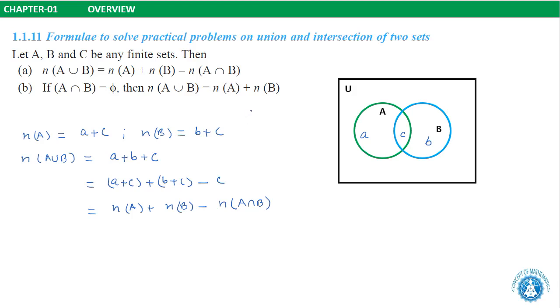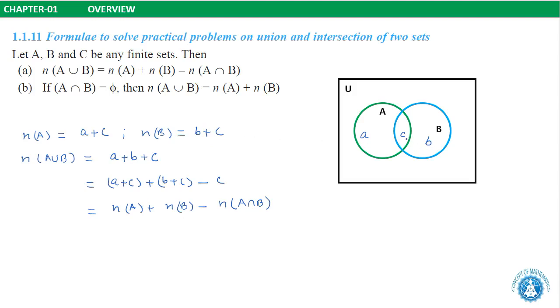So let us use a universal set, and this is set A, this is set B. The number of elements in set A equals a plus c, and the number of elements in set B equals b plus c.